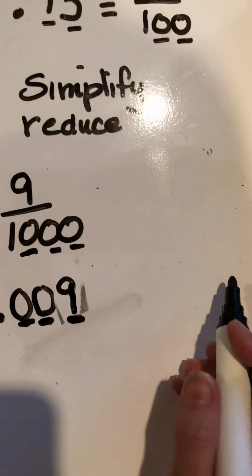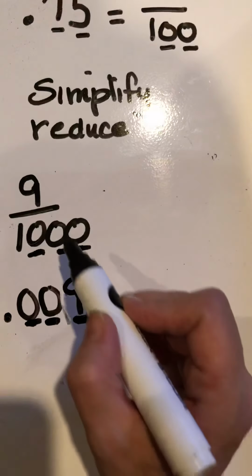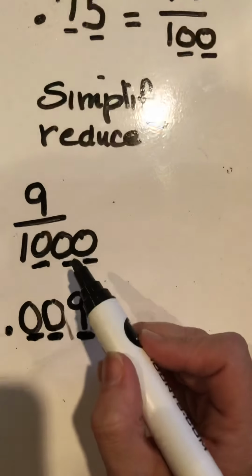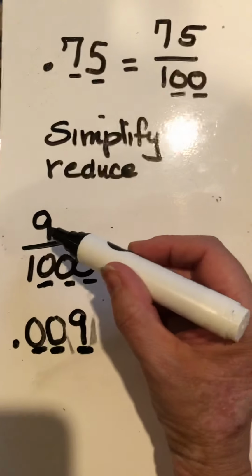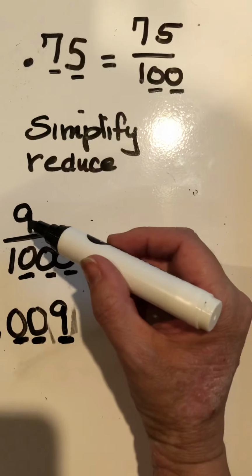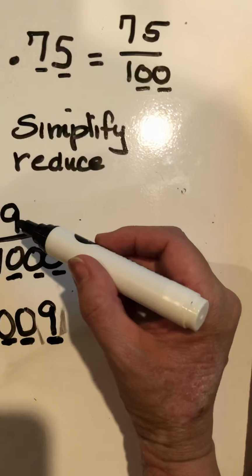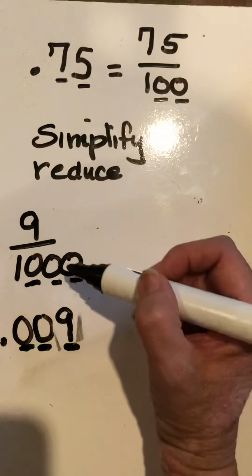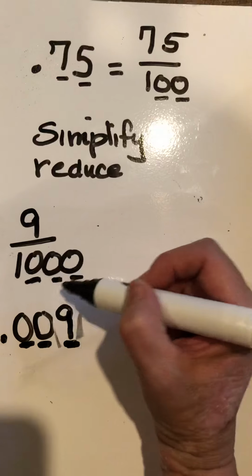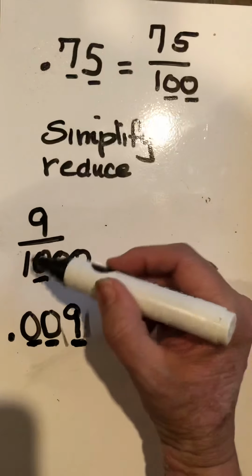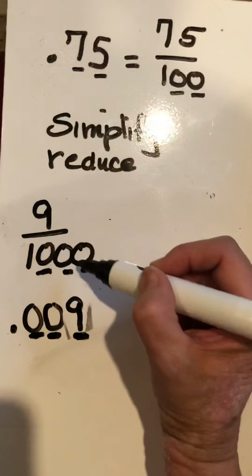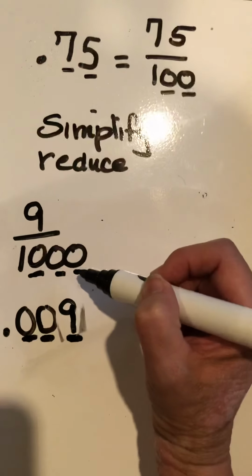Okay, now I want to reduce this, so I think, okay, the factors of 9 can only be 1, 3, and 9. And 3 and 9 do not go into this number evenly. And so that's actually the simplest form.